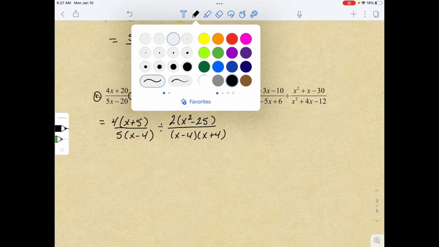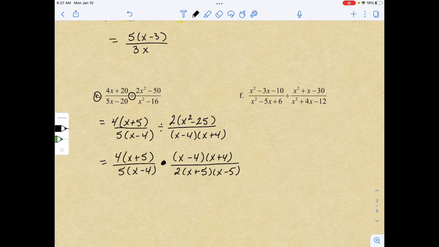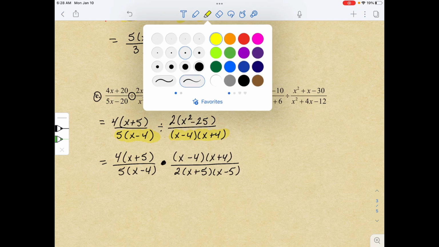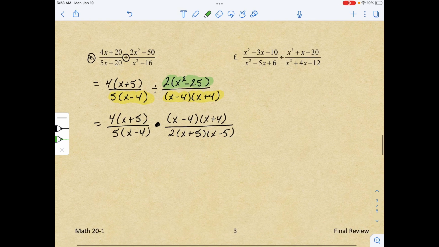So then I'm going to rewrite this as a multiply. Our first fraction stays the same, and our second fraction, we're going to multiply by the reciprocal. And now when I look for common factors, because normally we look at just the denominators, as I'm highlighting here, the numerator here in our first divide fraction becomes the denominator in our multiply.